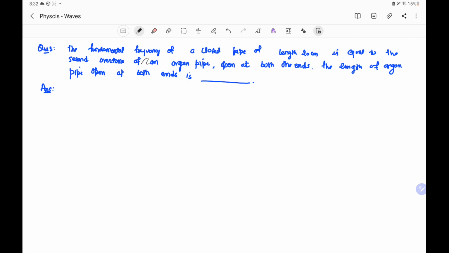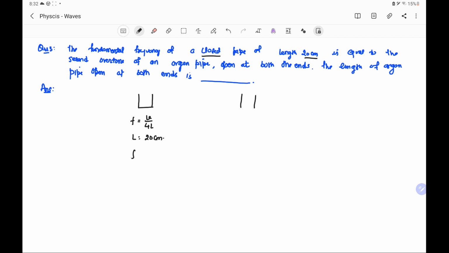Next question: the fundamental frequency of a closed pipe of length 20 centimeter is equal to the second overtone of the organ pipe open at both ends. One pipe is a closed pipe and the other is an open pipe. The fundamental frequency of the closed pipe is V by 4L and the length is given as 20 centimeter.